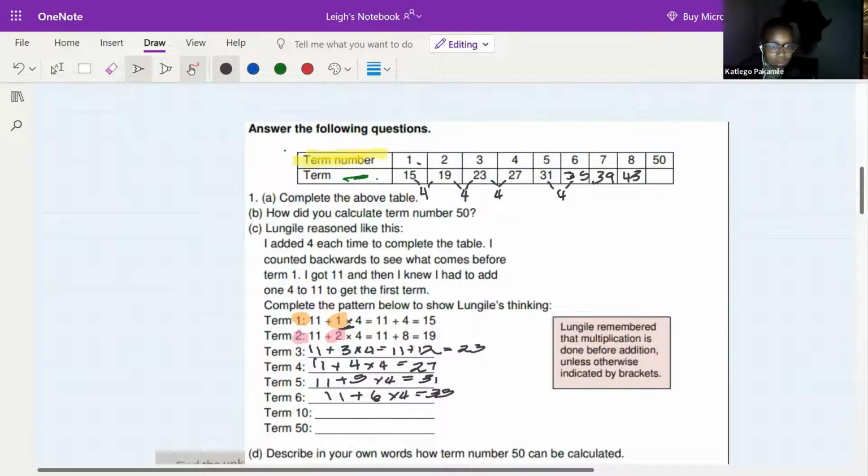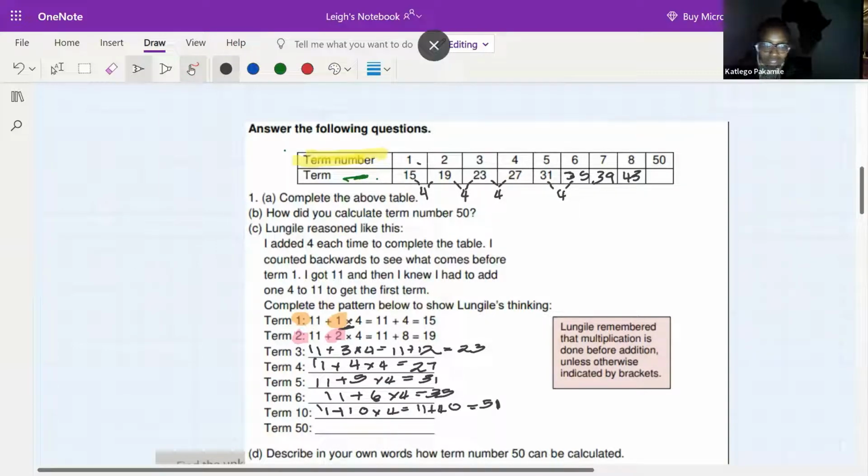How do we do term number 10? 11 plus 10 times 4, which is 11 plus 40. And how much is that? 51, right?